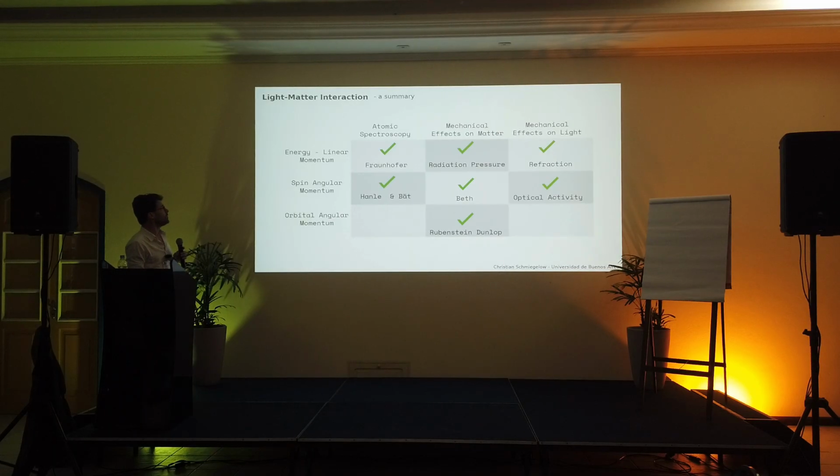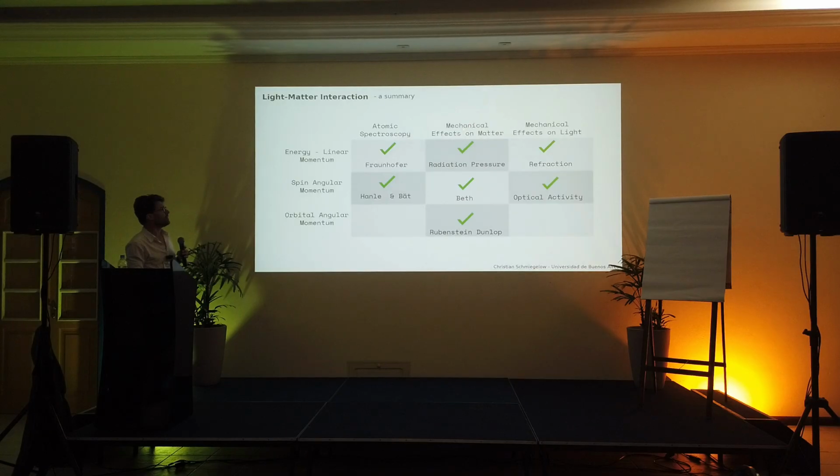And that allowed us to complete this table where we have how light-matter interaction reveals itself in different planes. So how does matter affect light, in refracting it or rotating the polarization?